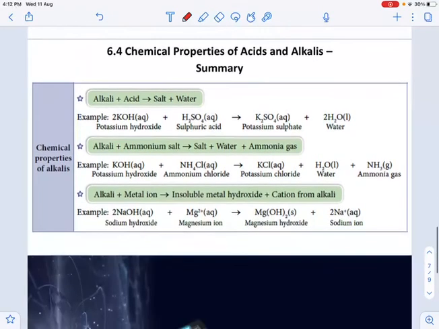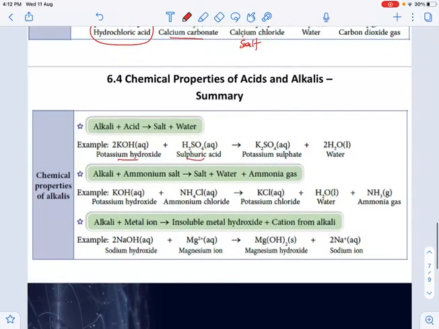And this one is the chemical properties of alkalis. The first is alkali reacts with acid to form salt and water. Potassium hydroxide solution reacts with sulfuric acid to form potassium sulfate, which is a salt, and water. Second, alkali reacts with ammonium salt to form salt, water and ammonia gas. The example given here: potassium hydroxide reacts with ammonium chloride to form potassium chloride, which is a salt, water and ammonia gas.